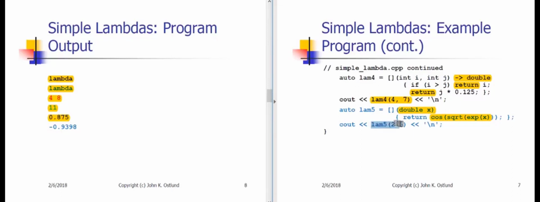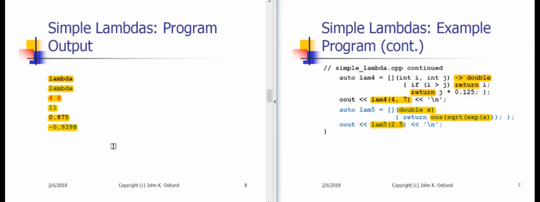When I call lam5 of 2.5, all right, I'll confess that I cannot do this calculation in my head, but what we get out on the screen is minus 0.9398, which certainly makes sense as the cosine of something.